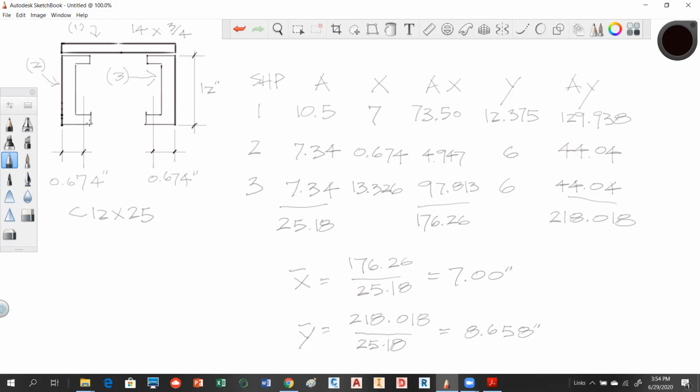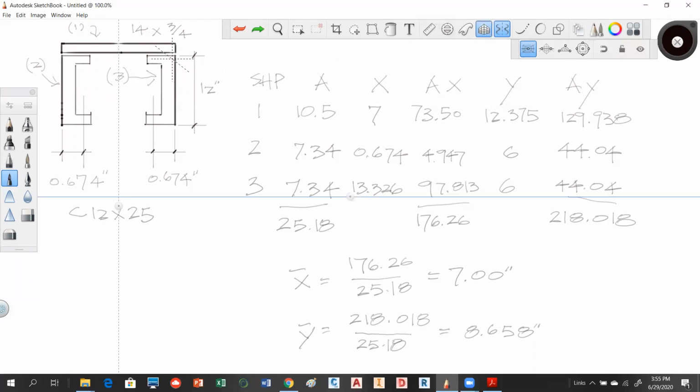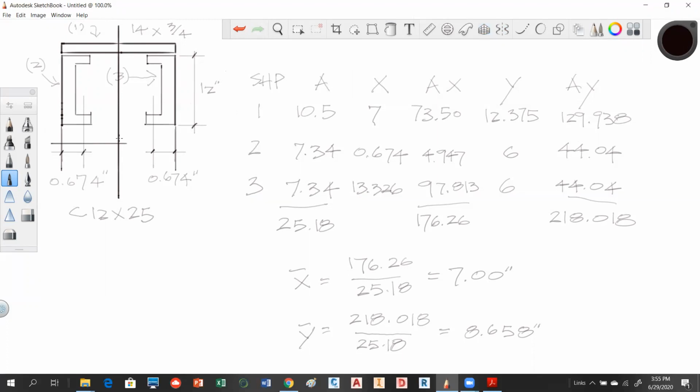So let's look at this when we come over here. If we look at this now, because of the symmetry that's going on, we know that this guy is my line of symmetry, right? Let's turn this on. It makes it a little easier to draw the straight lines. So here's our line of symmetry, and here's our other line. Okay, so that gives me my X bar distance.